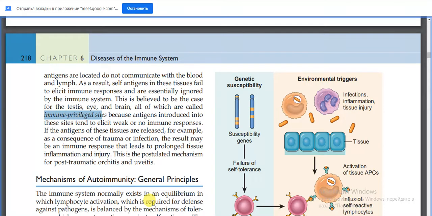Okay, an example. You know that I'm a urologist, so I give an example from urology. The testis possesses a blood-testis barrier, because inside the testis cells are produced by meiosis, and due to meiosis they have a different antigen composition.